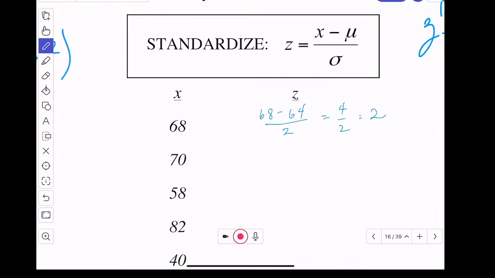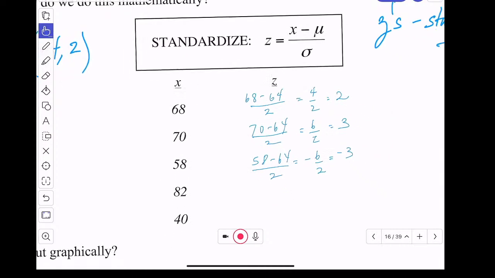So that's how you get the 2. 70 minus 64 divided by 2, which is 6 over 2, which is 3. 58 minus 64 divided by 2, which is negative 6 over 2, which is negative 3. So those ones we knew.